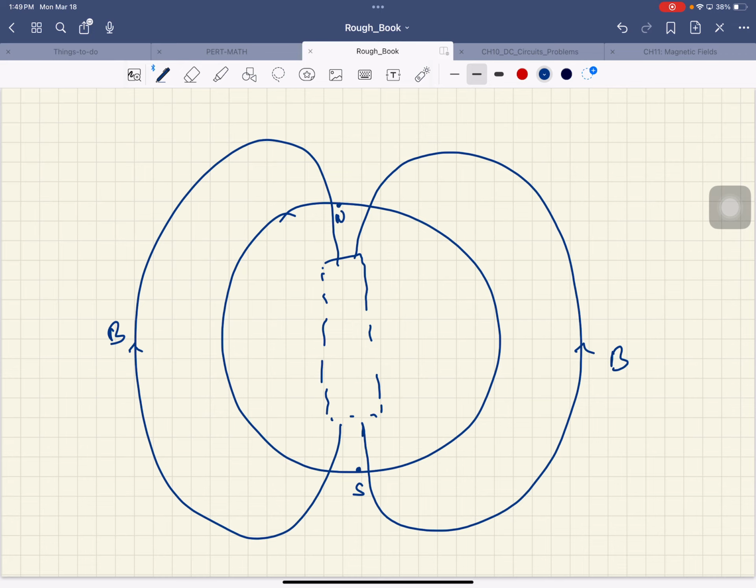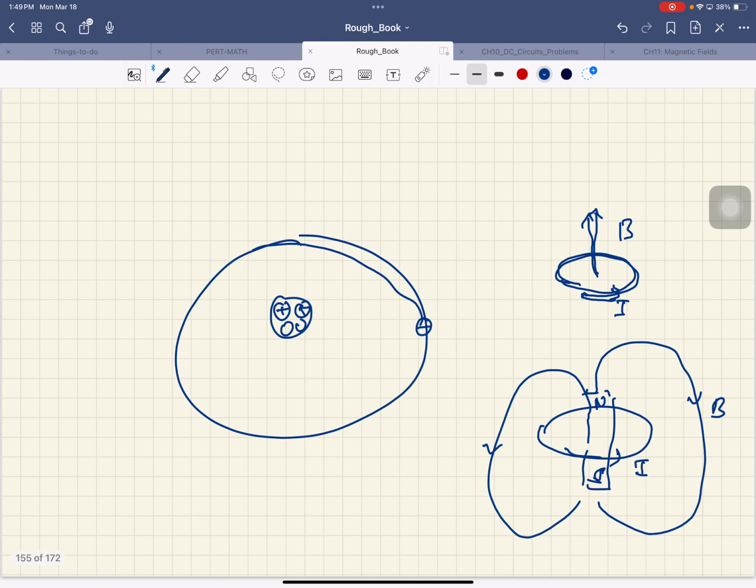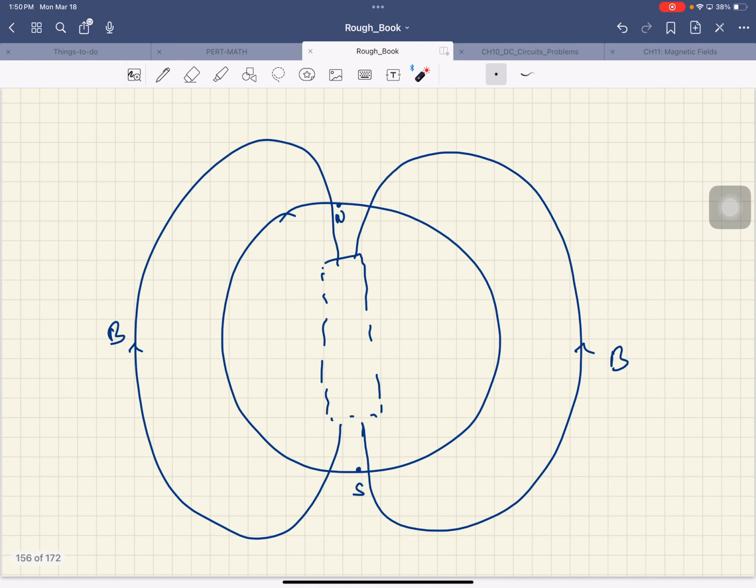Let me show you this diagram again. A ring of current like this produces this magnetic field. You see this magnetic field pattern? And here's the Earth's magnetic field.